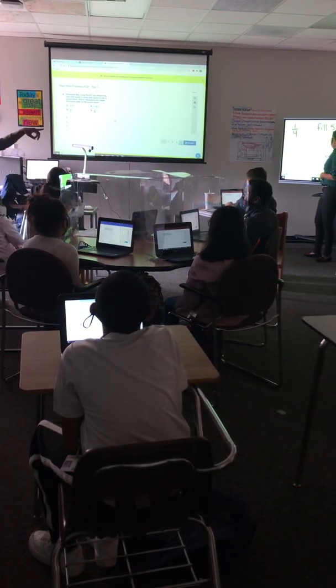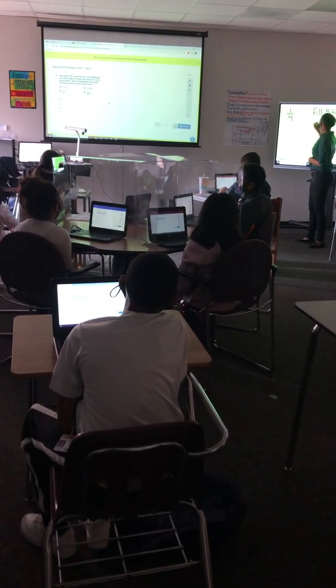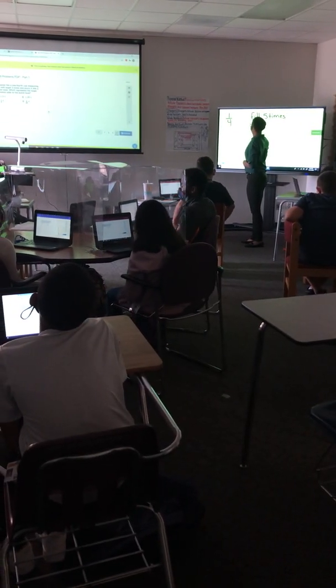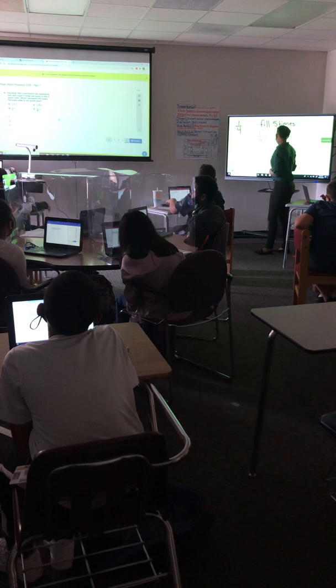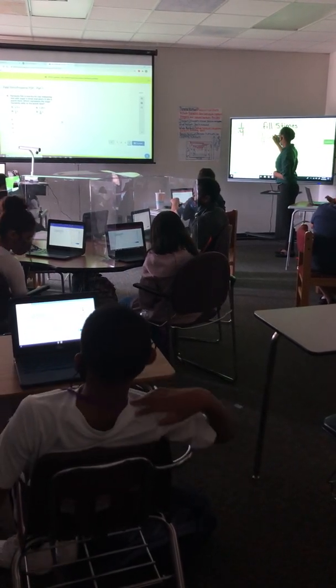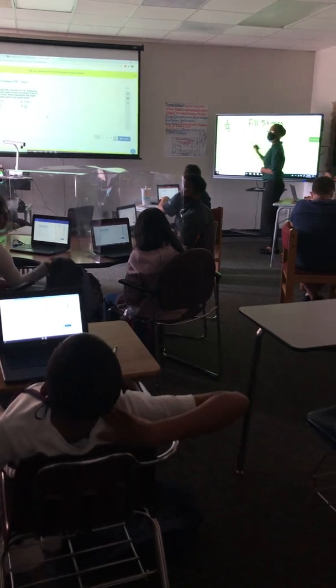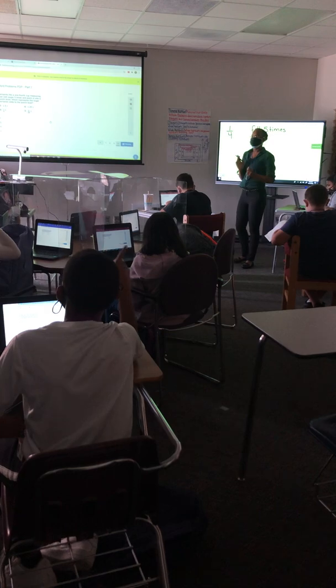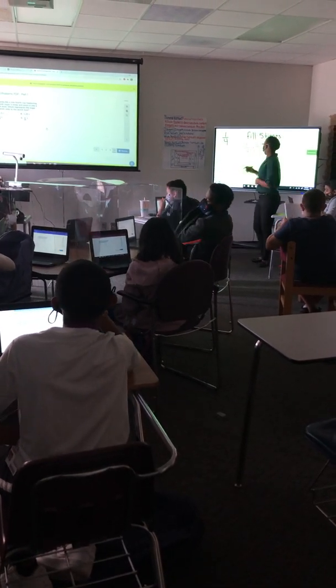Okay, 1/4 times 5. Let's see what happens. You guys have paper? Go ahead and multiply that out. 1/4 times 5. But when I multiply, what do I need on each side? A fraction and a fraction. So what's happening up there?